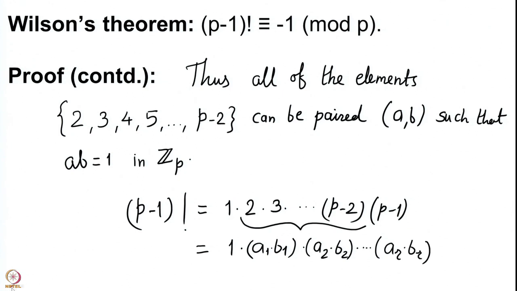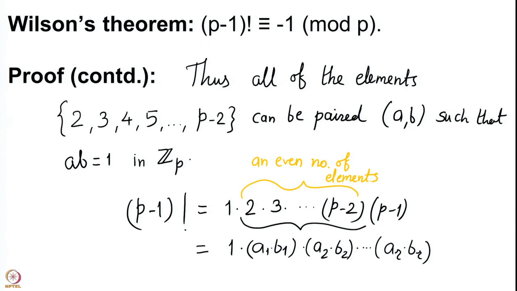Remember, this is an even number of elements. This is because your p is odd. So, 1 up to p minus 1 are an even number of elements and you have removed 2, namely 1 and p minus 1, from them.